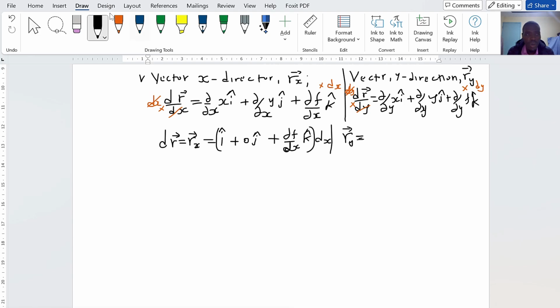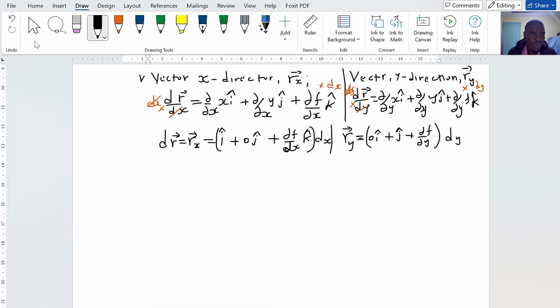Now here we want our position vector in y direction. So what are we going to have? The first case is 0i because we are differentiating x with respect to y. The second case is j because we are differentiating y with respect to y. And the third part is d over dy, but this is f. And the whole thing here, you multiply by dy.